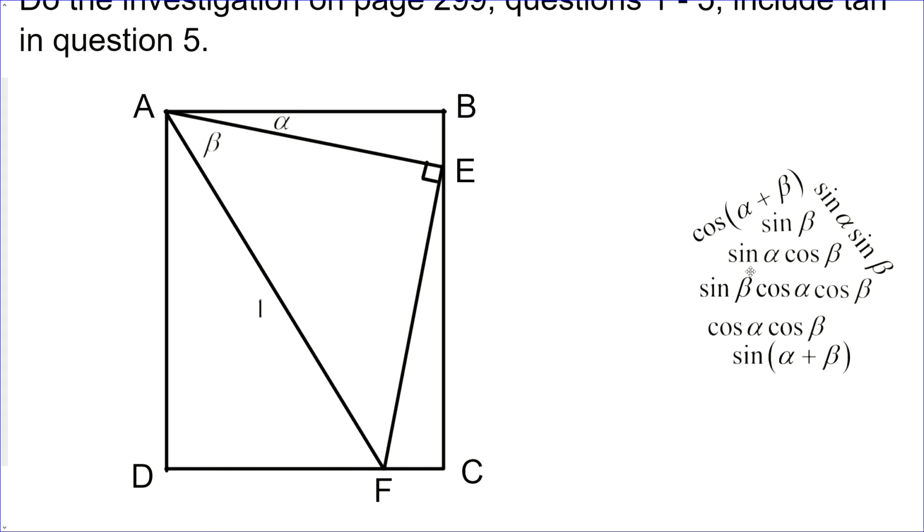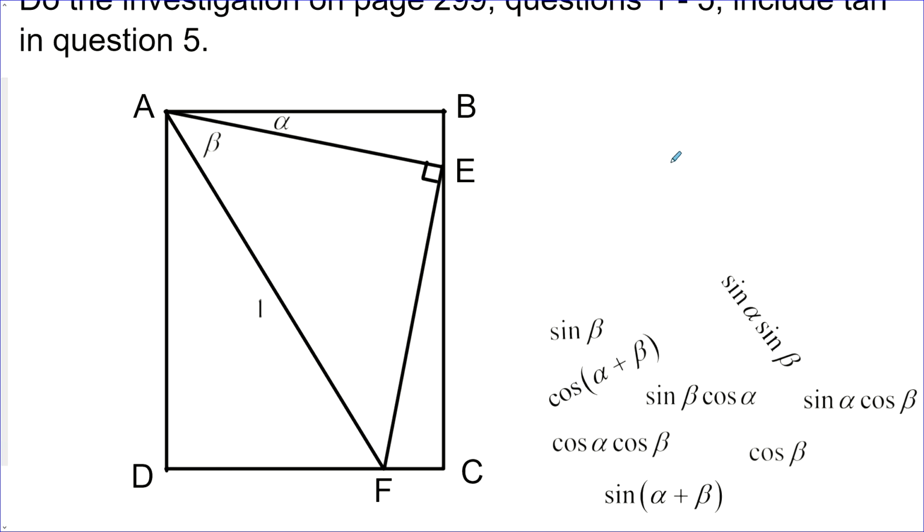Let's try to fit these into this diagram here. First, I'll spread them out. Now we have to start inside with the right triangle. It has a hypotenuse of 1. And this angle beta and this side AE gives us cos beta is equal to the adjacent side AE over the hypotenuse, which is 1.